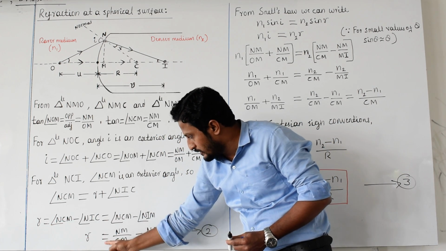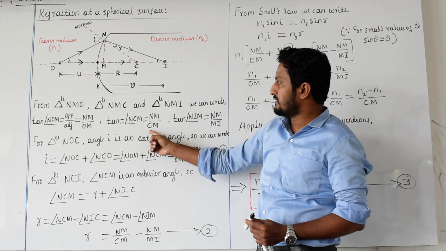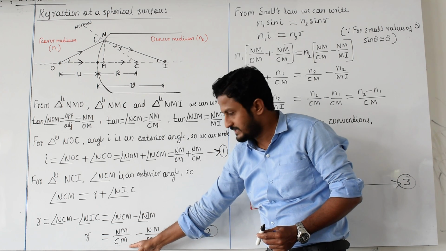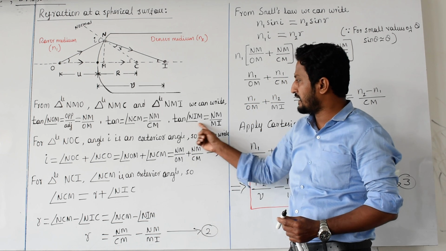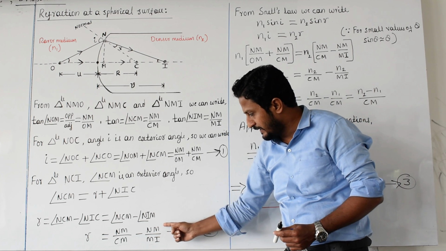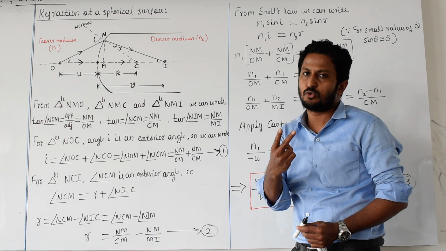Now you go with that. r is equal to NCM from here. Yes, NCM means NM by CM. NM by CM minus NIM. Here NIM is NM by MI. Name it as equation number 2.